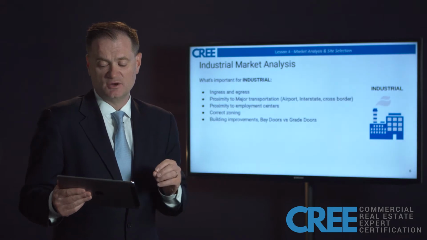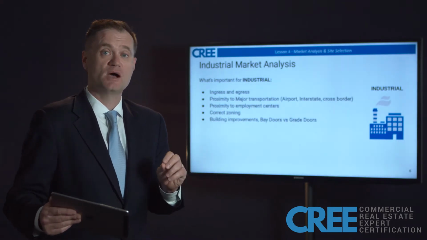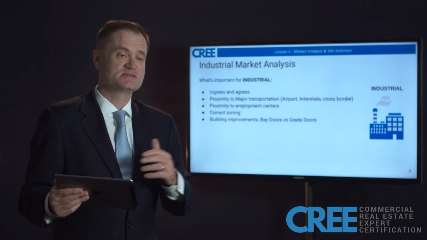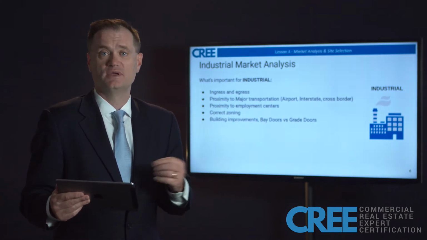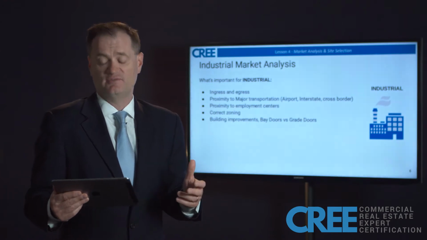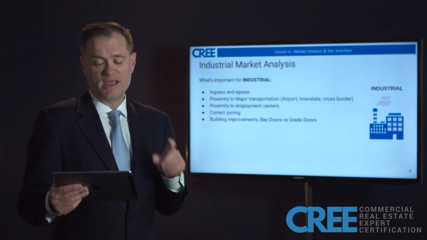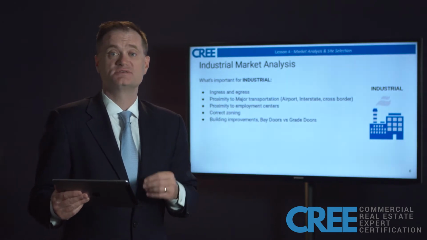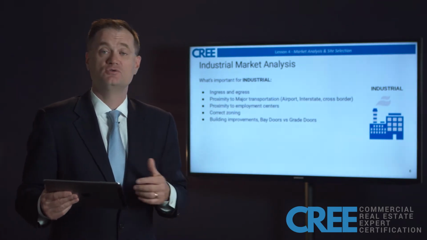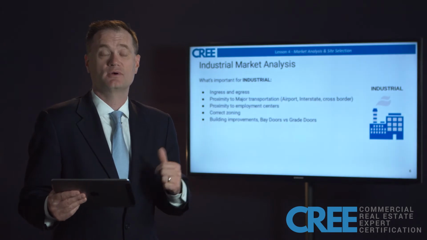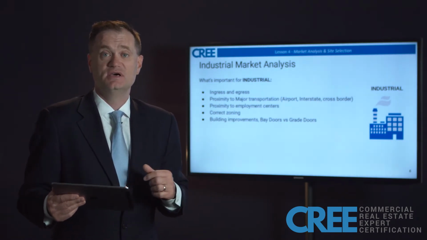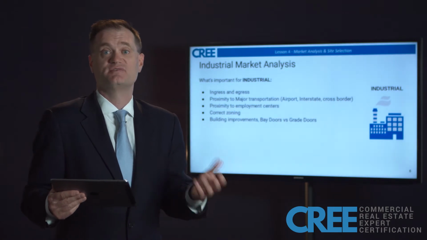Industrial, clearly important factors for industrial property types are going to be ingress and egress. Trucks coming and going, employees coming and going, all very, very important. Proximity to major transportation, airports, interstate, maybe you're close to a border. I'm close to the Canadian border, and being on an interstate close to the Canadian border is very, very important.